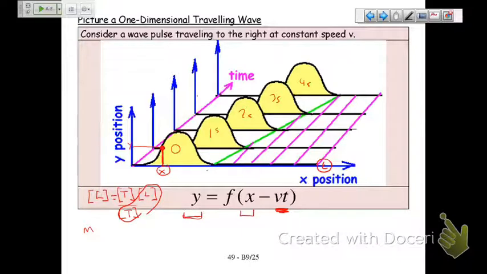For a positive going wave, that second term has to have a negative sign in front of it. And that just seems intuitively total craziness. But this is how it works. Imagine that there's this little mathematical package that gives you the shape of the wave.